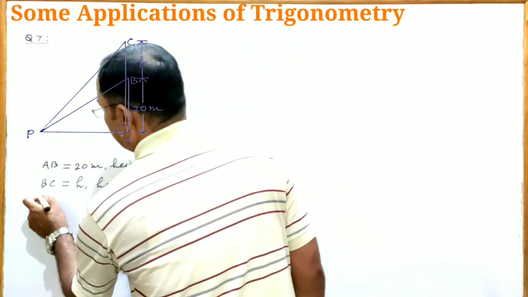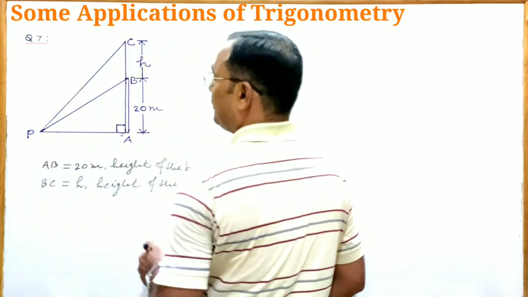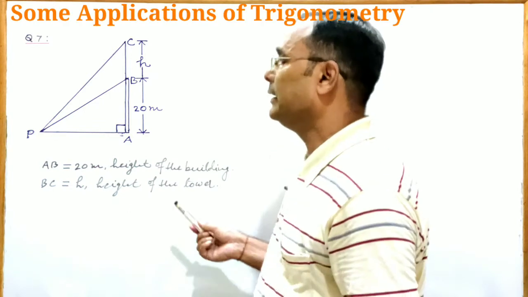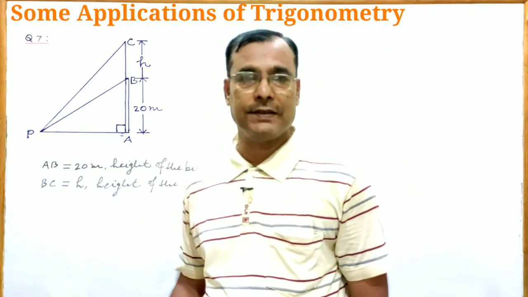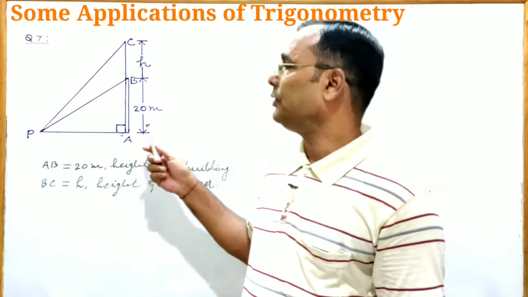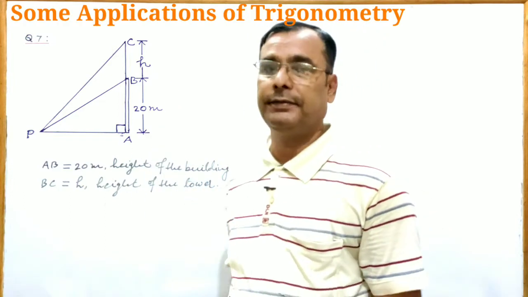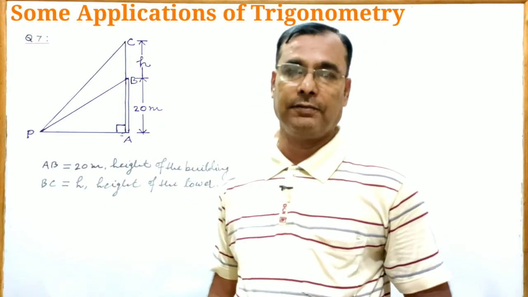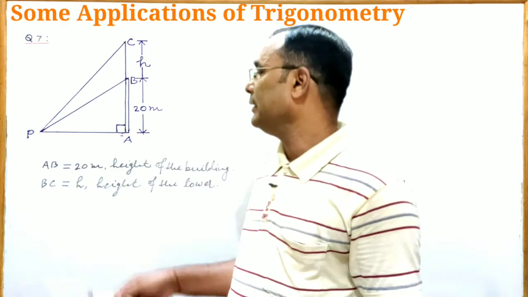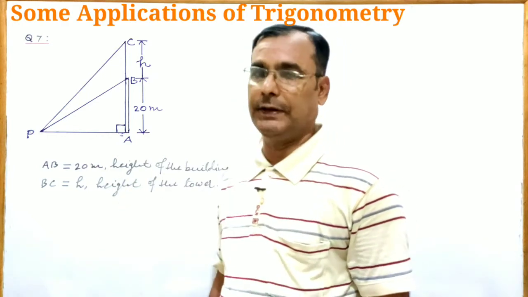P is observation point. From this observation point P, the angles of elevations of the bottom and top of the transmission tower are 45 degrees and 60 degrees respectively.